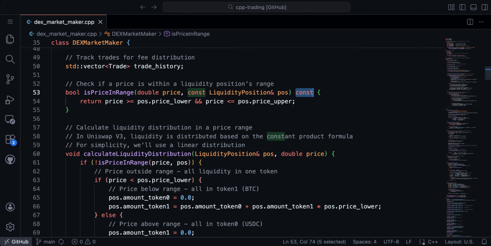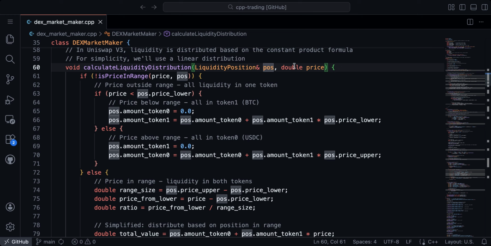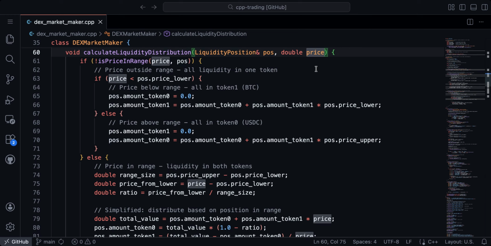The calculate liquidity distribution method takes a reference to a liquidity position and a price as a double. This method determines how the liquidity is distributed between token 0 and token 1 based on where the current price is relative to the position's price range. In Uniswap V3, liquidity distribution uses the constant product formula, but for simplicity, we use a linear distribution model.